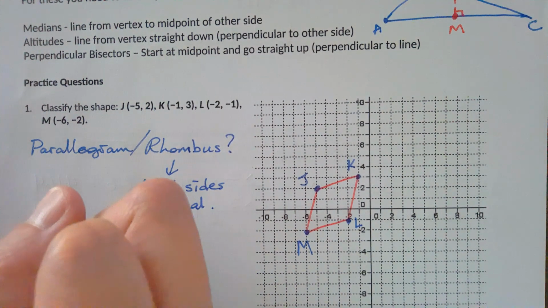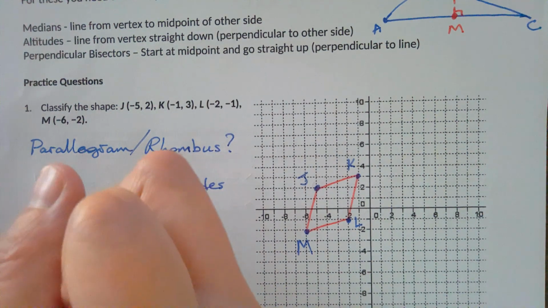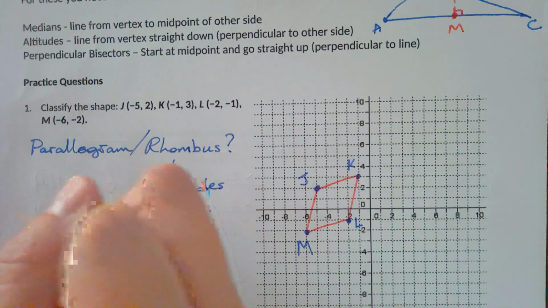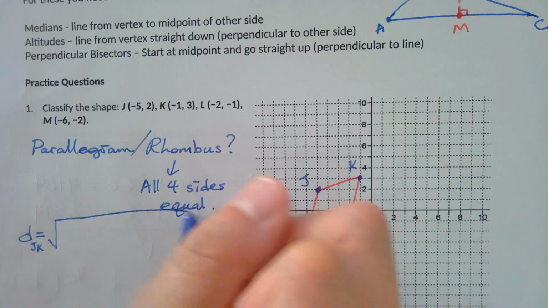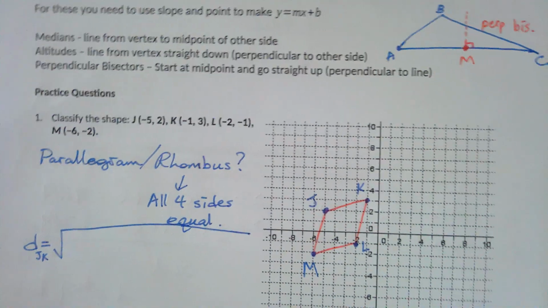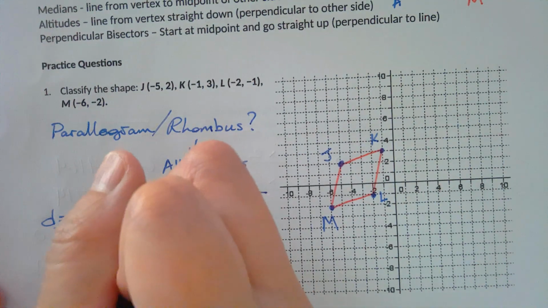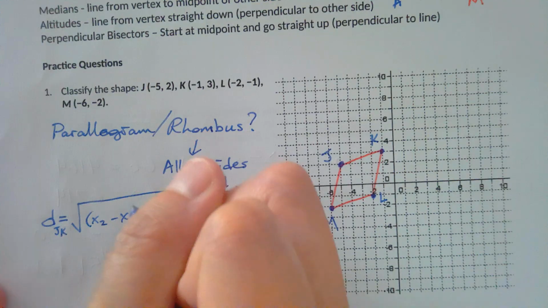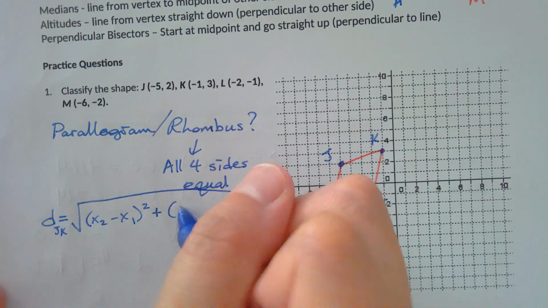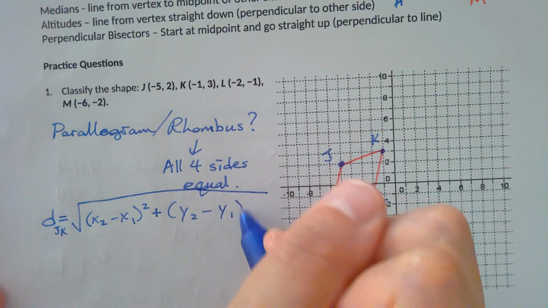So distance, I'll just do one of the sides. So let's say JK. All right, distance formula is up here. So yes, you don't have to memorize it. Don't forget it. X2 minus X1, Y2 minus Y1 squared.